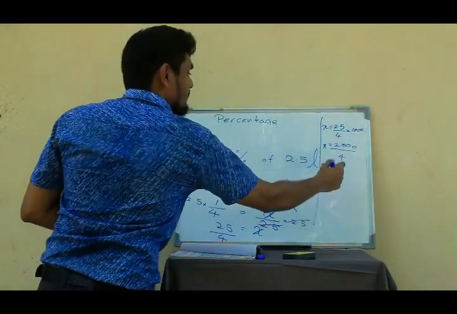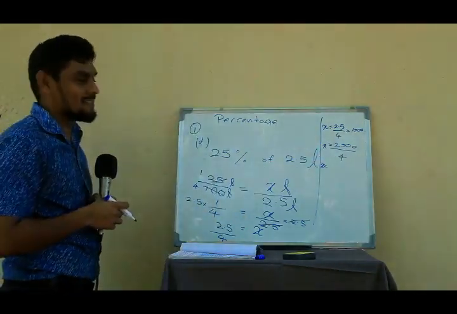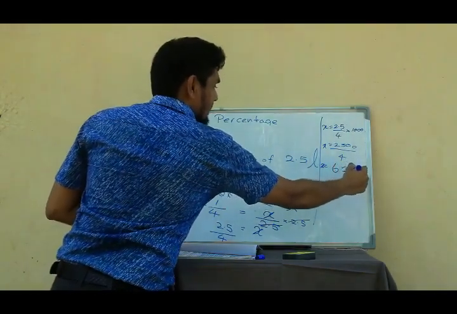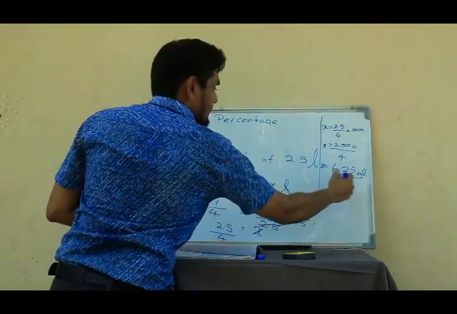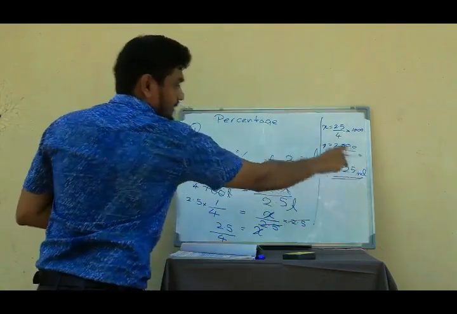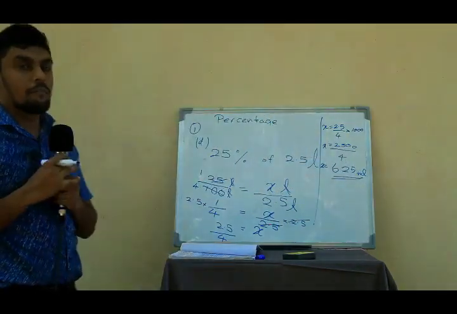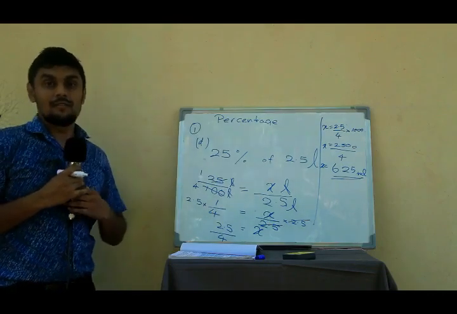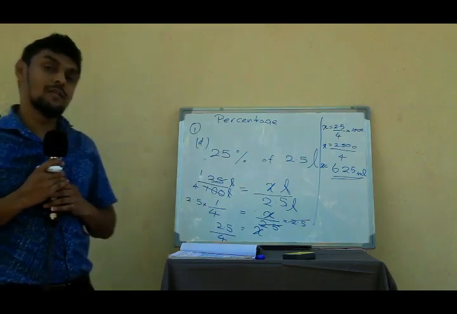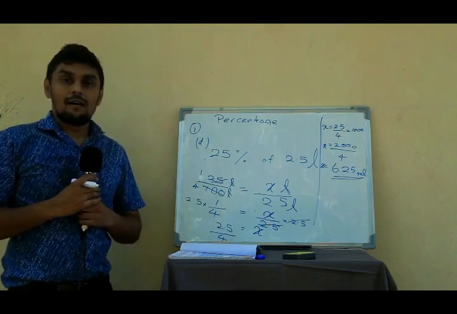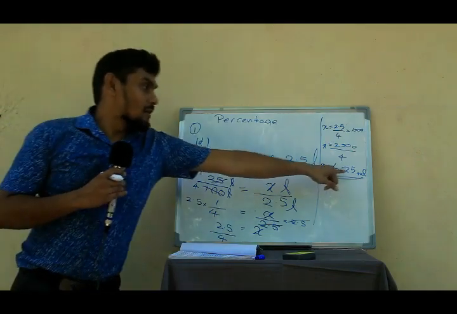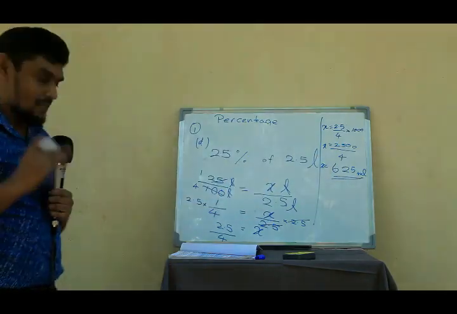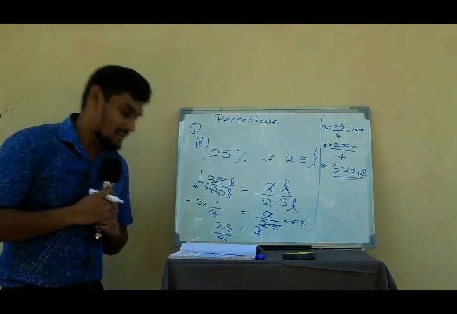What is the value? Yes, right. 625 milliliters. The unit is a must. Don't forget to put the unit here. So that is a very important thing for your calculation. Write the complete answer, numbers and the units. That is a must. Consider that.